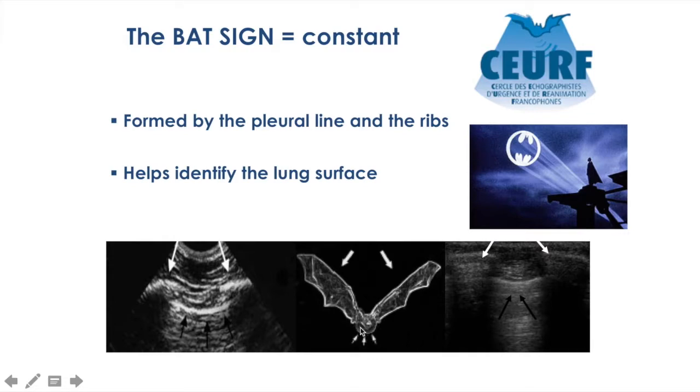So the body of the bat is the pleural line, the upper border of the wings are the upper rib and the lower rib. And this is the way it appears on your scan: upper rib, lower rib, pleural line.